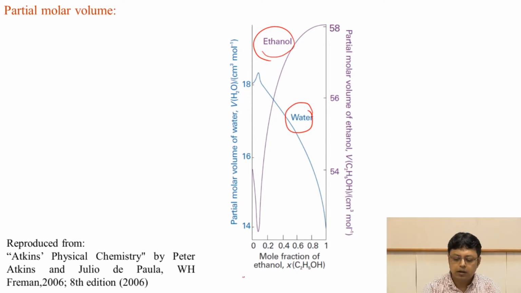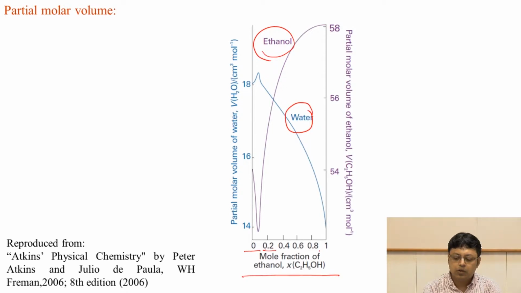In this curve, we started from 0 mole fraction of ethanol, meaning we started from pure water, and we kept adding ethanol. So 0.2 means the mixture is 0.8 mole fraction of water and 0.2 mole fraction of ethanol.